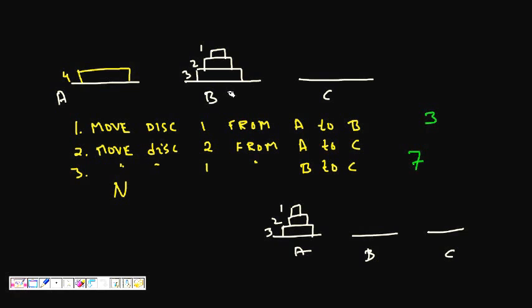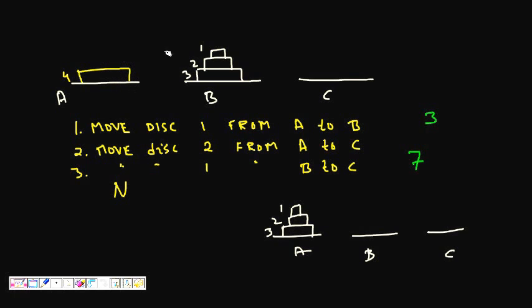So this is done, and all the time I can just imagine that disk 4 was not there because it is the largest. Whatever configuration I keep, 3 here, 2 here, all of them will fit because 4 is the largest.